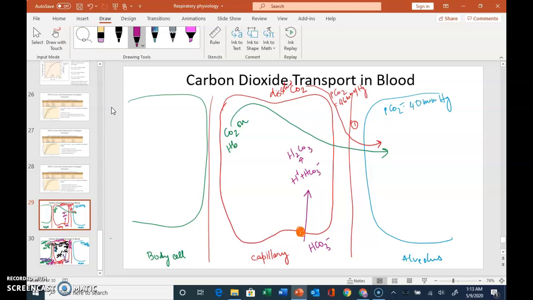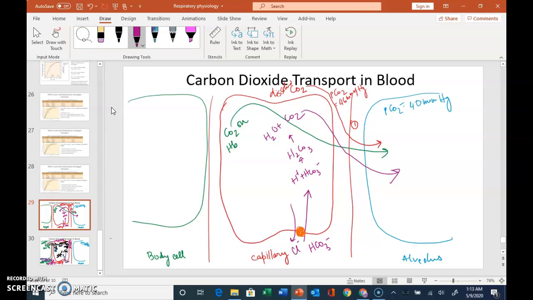This carbonic acid will then dissociate to form water and carbon dioxide, and this carbon dioxide will now diffuse out and come into the alveolus. As bicarbonate is getting into the RBC, we have chloride coming out.